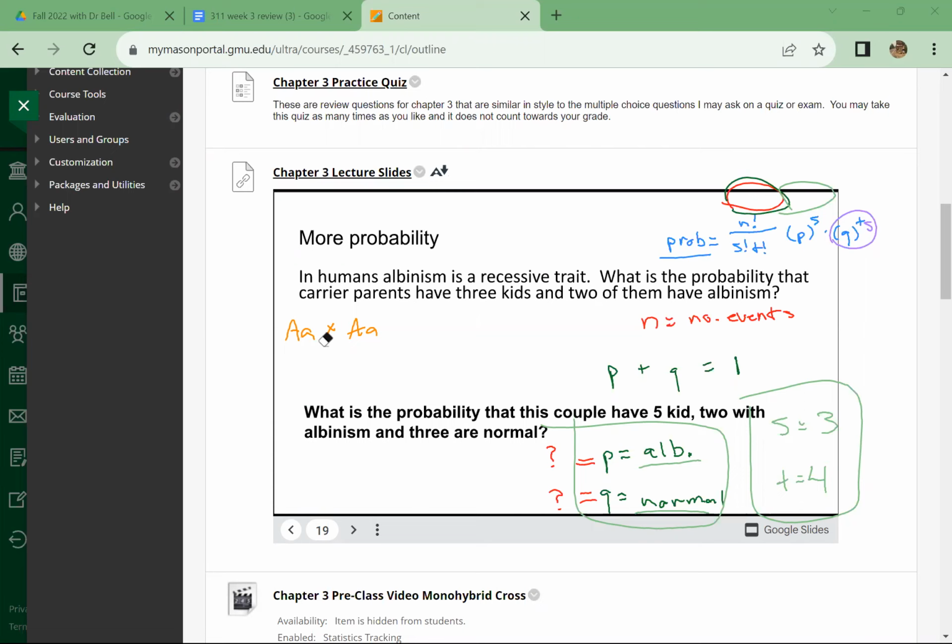You are welcome. And so when we do this cross, we know that familiar 1:2:1 genotypic ratio that results from the cross. And that is such that 1 is homozygous dominant, 2 are heterozygous, also carriers, and 1 is homozygous recessive.